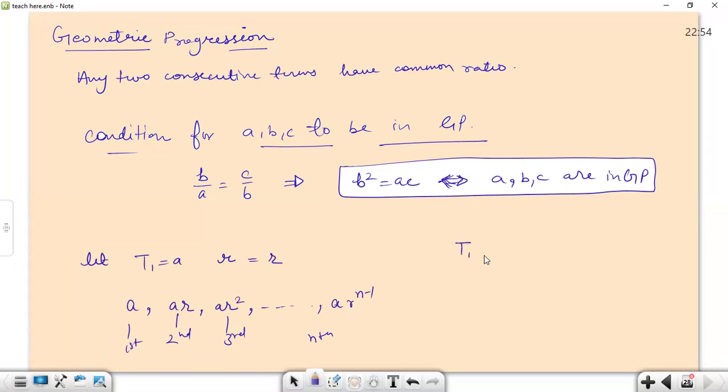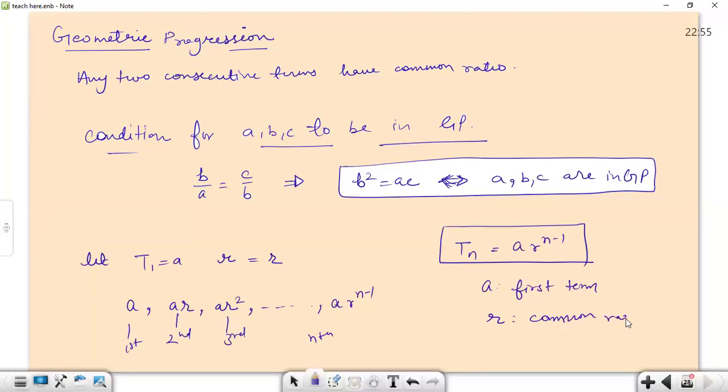So the general term for a GP is A into R raised to power n minus 1, where A is the first term and R is the common ratio.